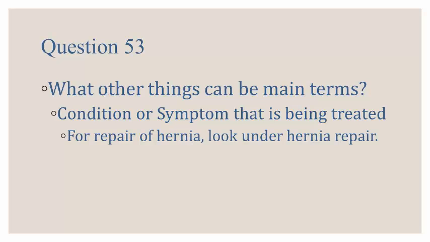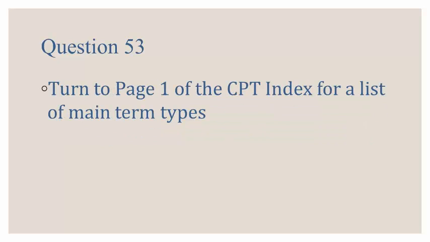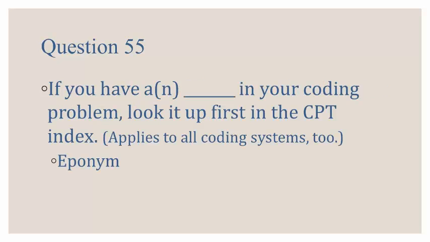So you have much more flexibility in CPT with main terms. Turn to page 1 of the CPT Index for the complete list of items that can be used for main terms. If you have an eponym in your coding problem, look it up first in the CPT Index. Again, if you've got an eponym, start there.